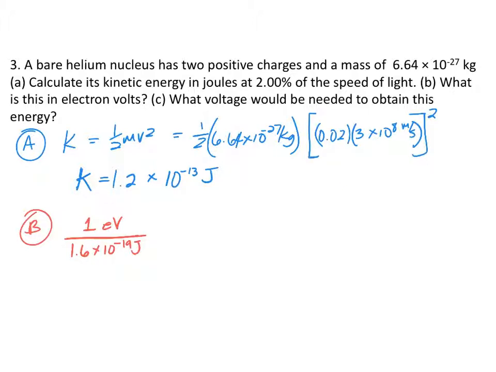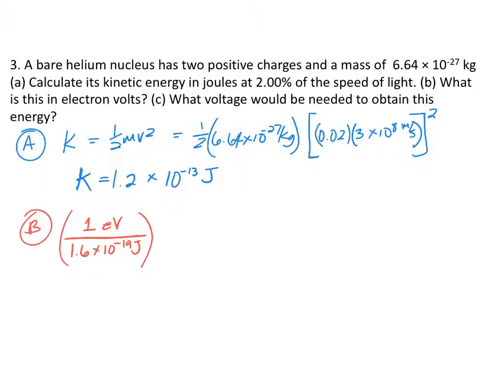It's a definition that I put into a fancy form of 1. 1 electron volt equals 1.6 times 10 to the minus 19 joules. Now you might recognize 1.6 times 10 to the minus 19th is a fundamental unit of charge. Okay? So it's the energy associated with 1 electron.